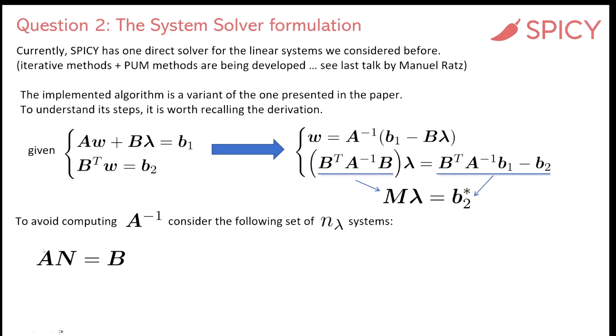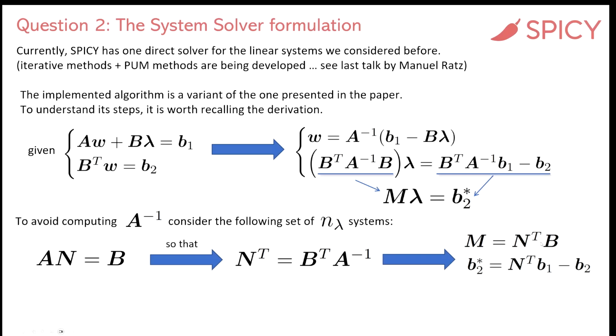You will just multiply on the left by the inverse of A if you wish, and what you obtain is that n transpose is in fact precisely what we are looking for here, those two terms. We can solve this once and then use this solution directly to compute both m's on the left hand side, and to compute the B2 star on the right hand side.